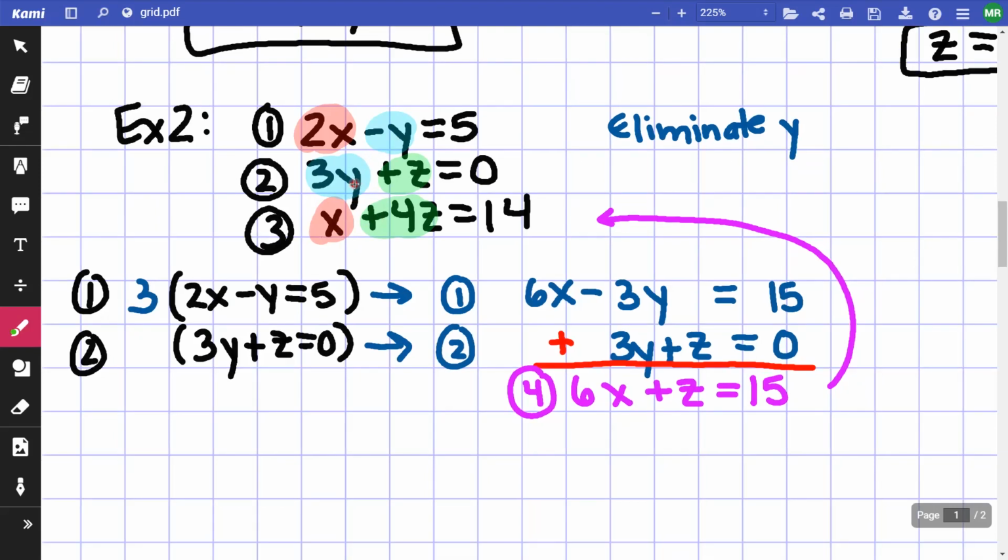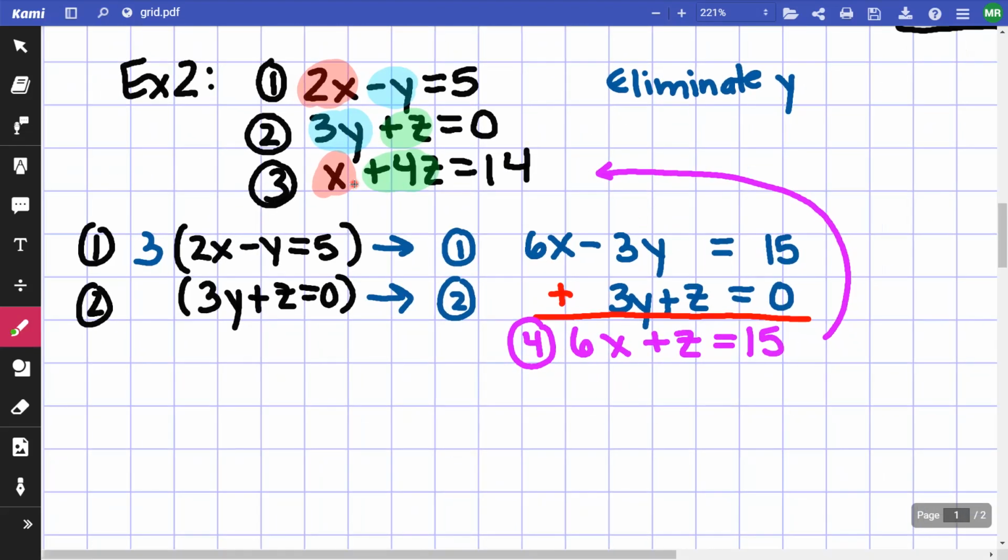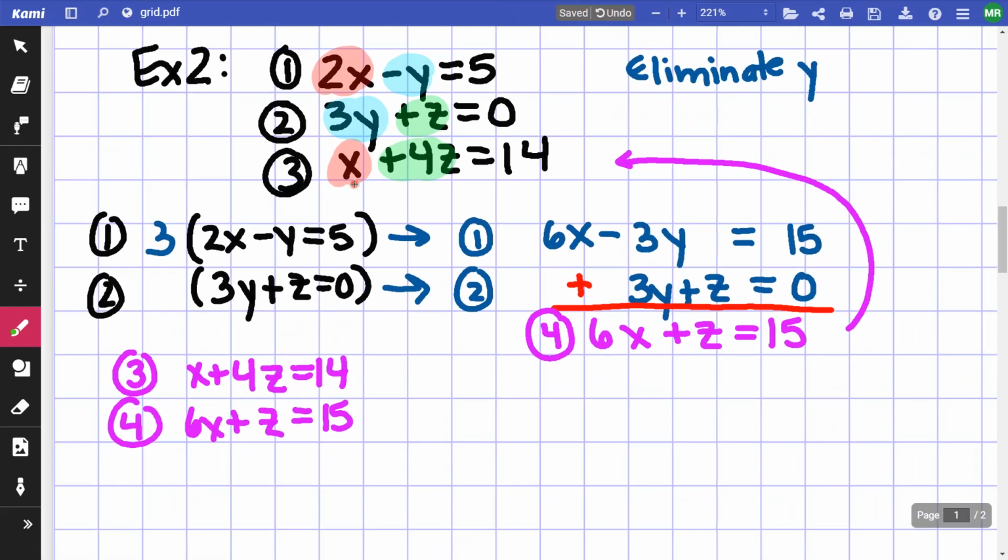Okay. So now the system I'm going to solve is equation 3, which is x plus 4z equals 14, and my new equation 4, which is 6x plus z equals 15. And now I'm going to solve this system, just like I would back in Integrated 1.